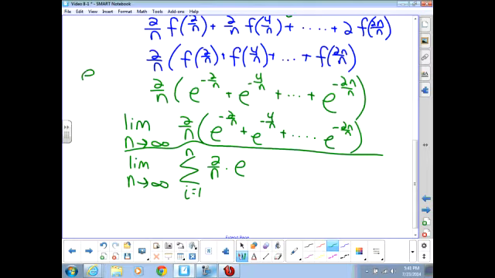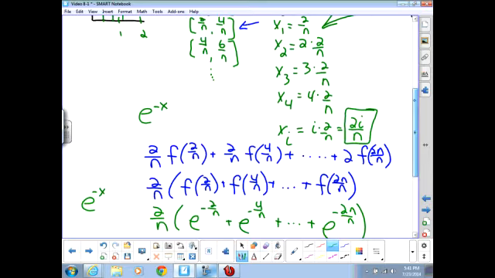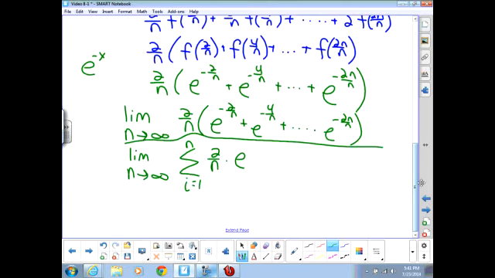Well, remember we had e to the negative x. And this is where that random one comes into play. Whatever that random x value was, that's what you're going to plug in for x in your summation. So we are really going to have e to the negative 2i over n. And this is a summation that represents our area under our curve.